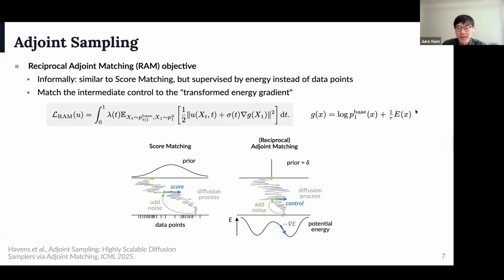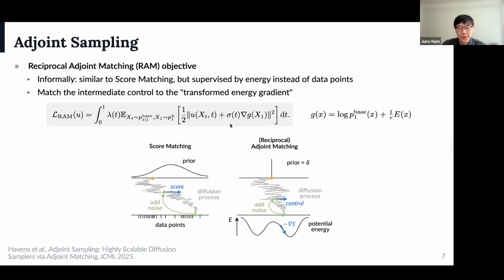So the energy function, and also it includes the base density at the final time. So essentially, we're regressing the intermediate control against something that we can obtain from the final time step.